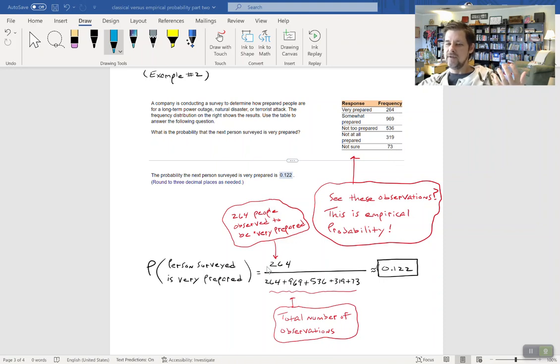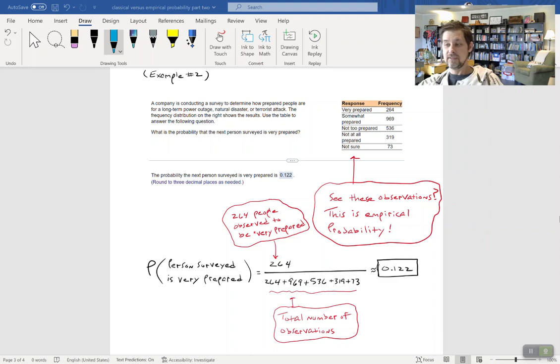I mean, there were 264 very prepared out of 264 plus 969 plus 536. That's the total number of observations, okay? So that's how we would calculate an empirical probability based on data and observations. Well, that works out to be about 0.122, and my math lab says to round to 3 decimal places.